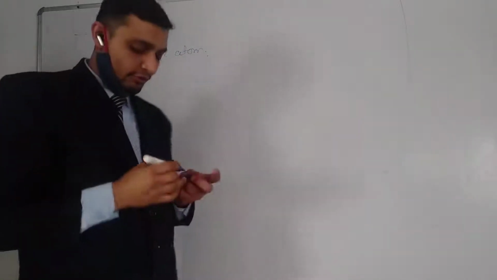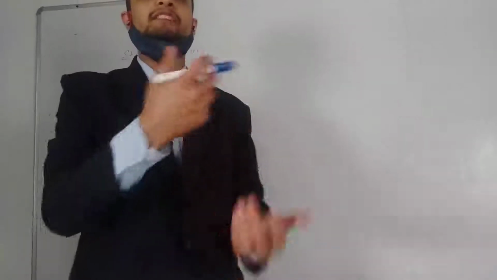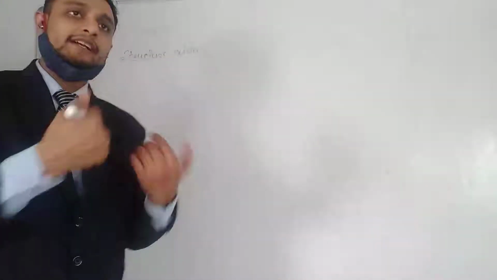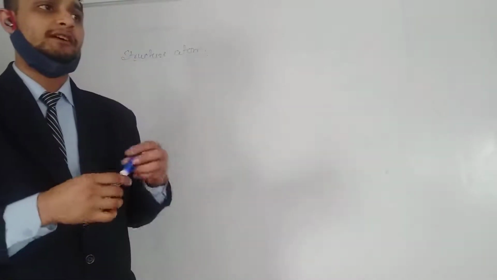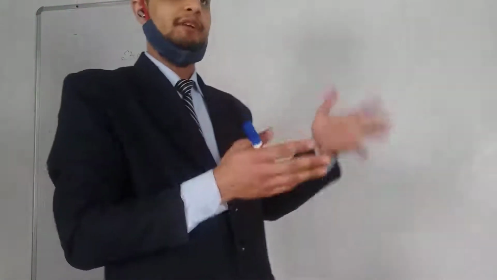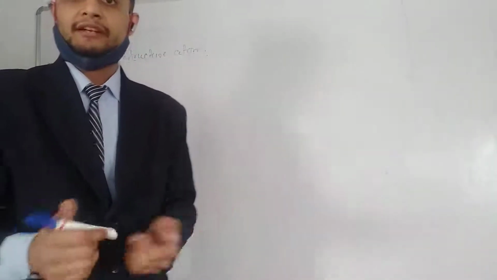So before going to the main topic, we have to study some basics about what is an atom, and how the atom comes into existence. So starting with the basic building blocks. What we know is everything around us is known as matter.